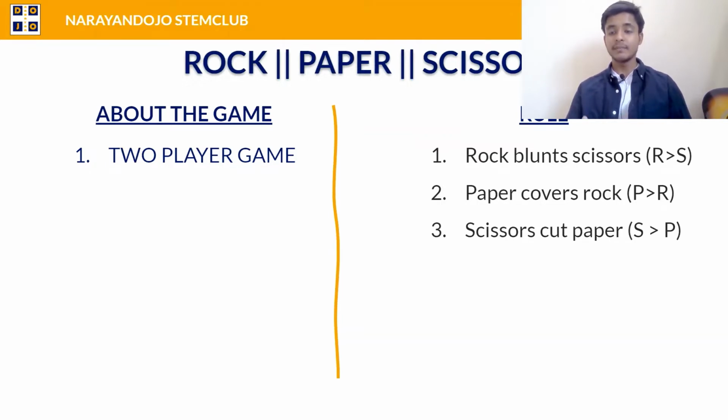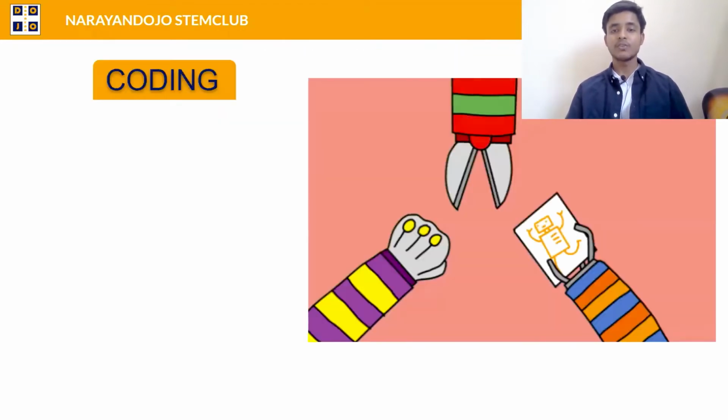So in this game, first we will take the input from the first player, then from the other player, and then we will do some calculation based on these rules for making the decision on who will win. So first of all, divide this problem into smaller steps.